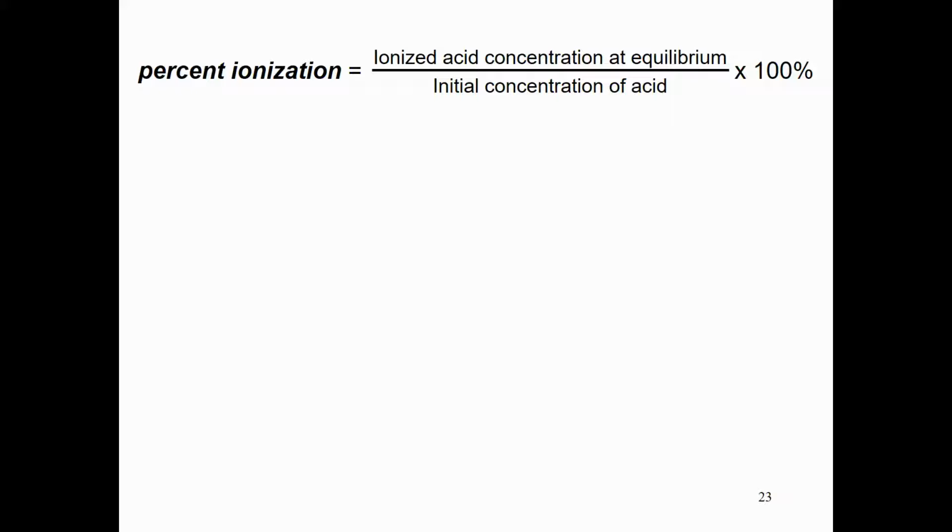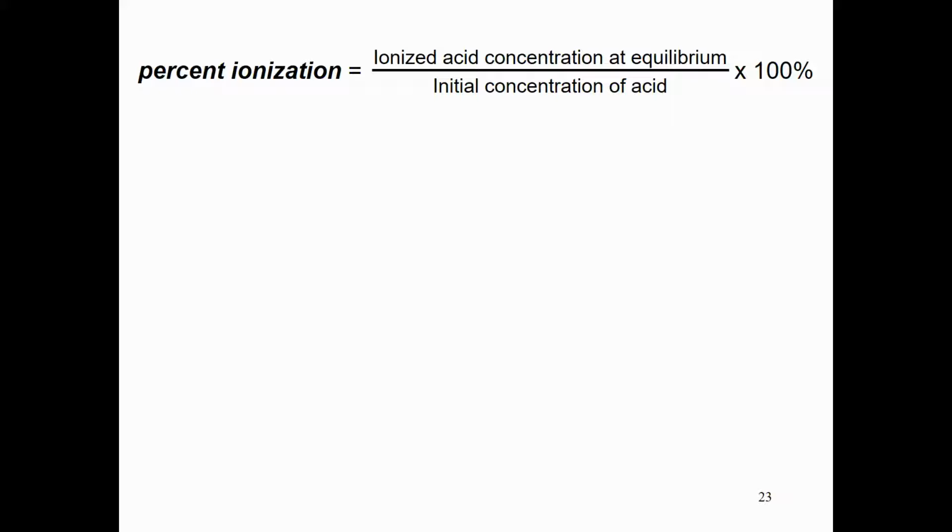So to find the percent ionization, you look at the ionized acid concentration, the H plus ion concentration at equilibrium, just like we just found, versus the initial concentration of the acid.